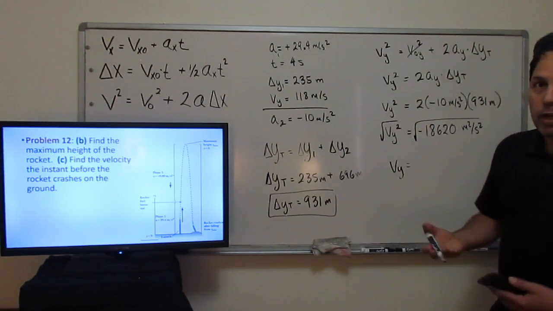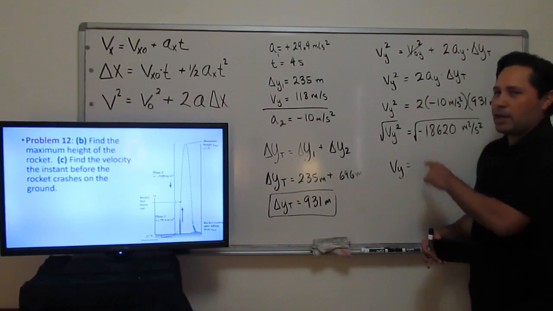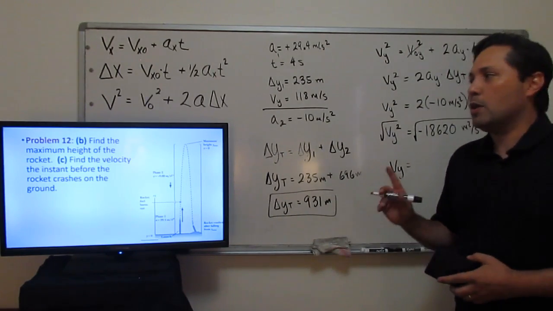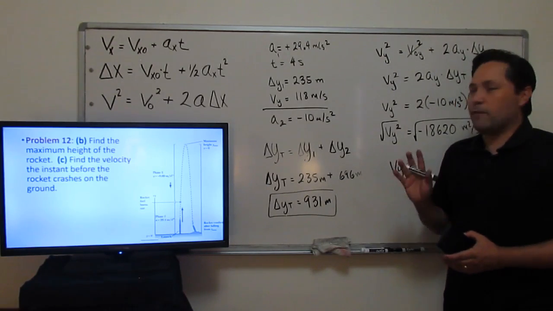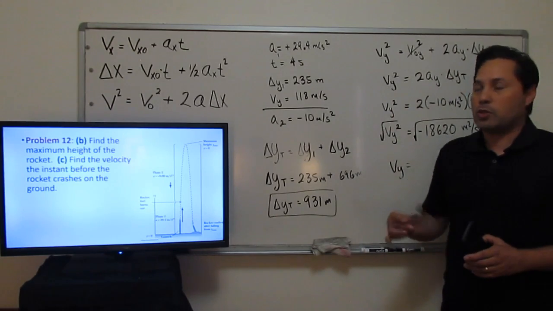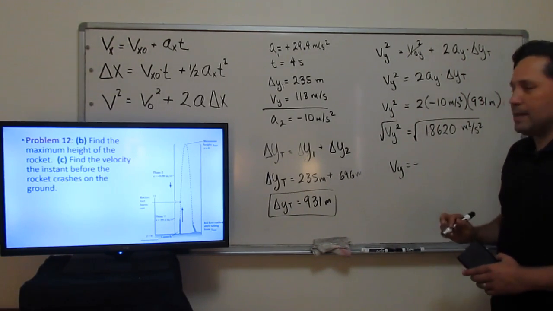At this point, your math teacher in your head is going, wait a minute, negative, square root, that is a problem, now we're going to get imaginary numbers. But I want you to take a moment to remember that in physics, the positives and the negatives are merely pointing to directions. So I'm going to erase it and we'll put it back at the end.